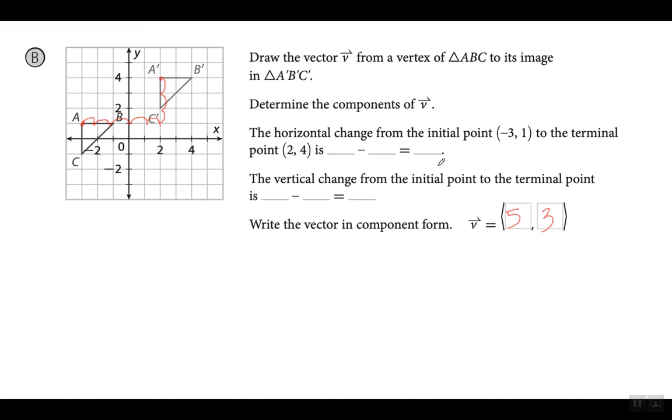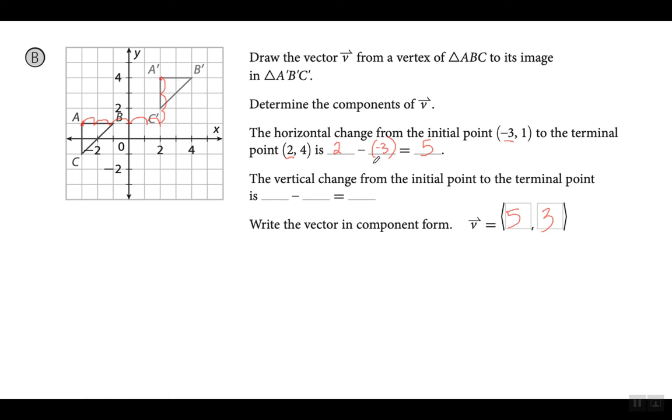Now here they're just telling you that the horizontal change from the initial point to the terminal point. Horizontal is controlled by the x coordinate. Okay, so you would get the difference between 2 and negative 3, which is going to give you 5, because these two negatives become a positive, and 2 plus 3 is 5. Okay, then it says the vertical change. Let me change the color of my pen so maybe, hopefully it'll make it more clear.